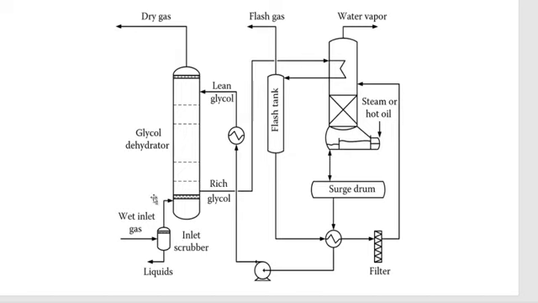After the inlet scrubber, the gas will feed to the bottom of this contactor, flow upward, and contact with lean glycol to absorb the water from the gas. The dry gas leaves the tower from the top.